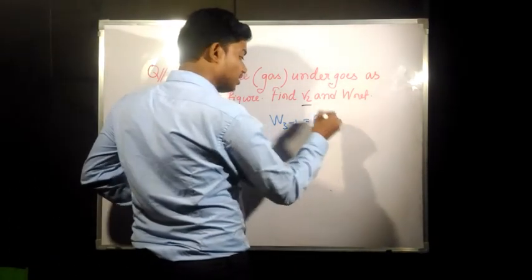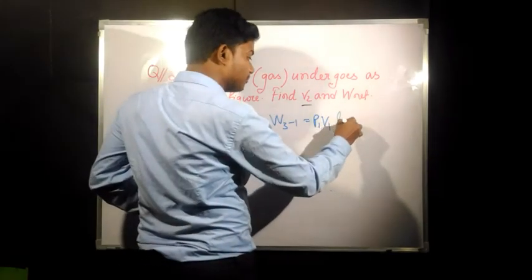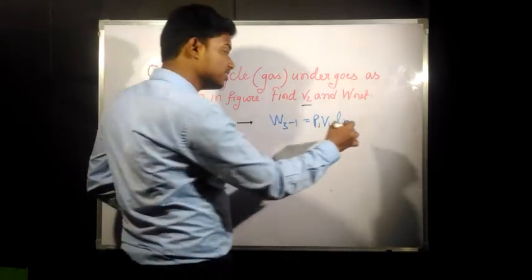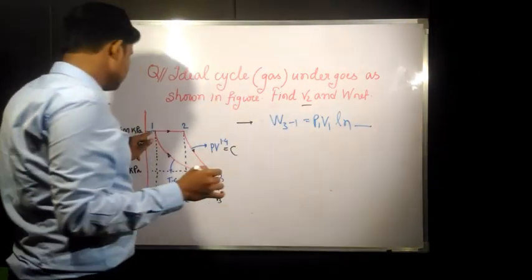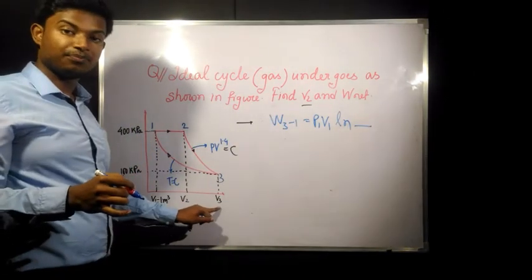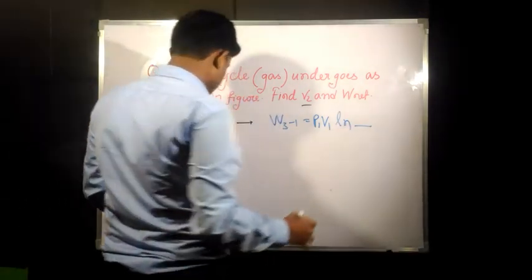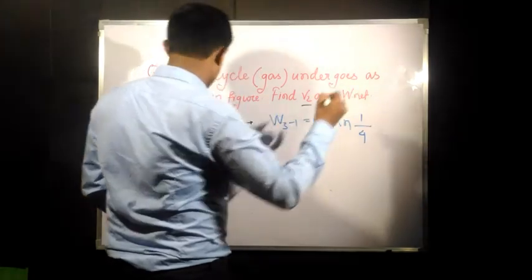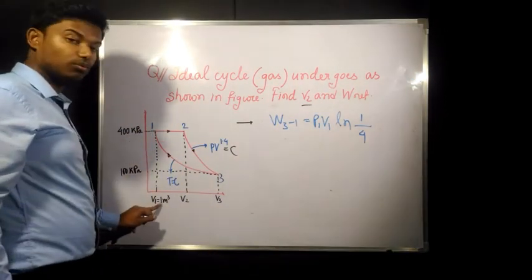Let us take P1 V1 into ln, and I have clearly told you to remember it as final volume by initial volume. So the final volume is 1 and the initial volume is V3, which we have found out as 4.